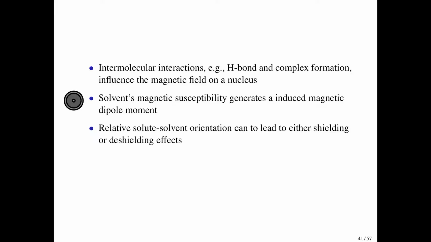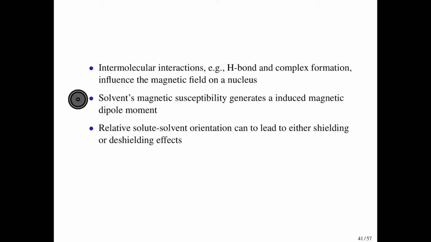One aspect of this is that the solvent has its own magnetic susceptibility. And so electrons within the solvent molecules are going to start circulating, and this will create an induced magnetic dipole moment on the solvent, which will then create a magnetic field that acts on a nearby molecule of interest.